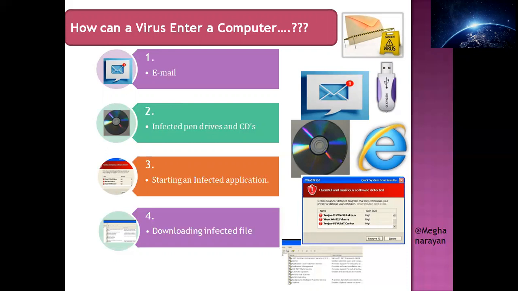Third one is starting an infected application. Many times it happens that a certain application you might have downloaded can be infected, and once you start it, virus will also get active. Last one is downloading infected file. Imagine one of the applications or software you downloaded from Google or any other website, Microsoft website, etc. That website provided you one software.